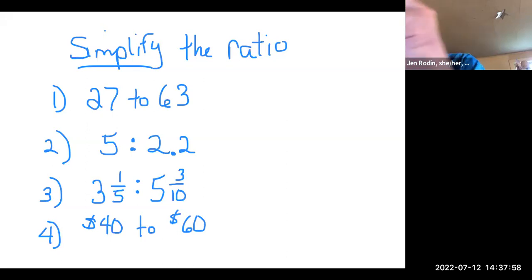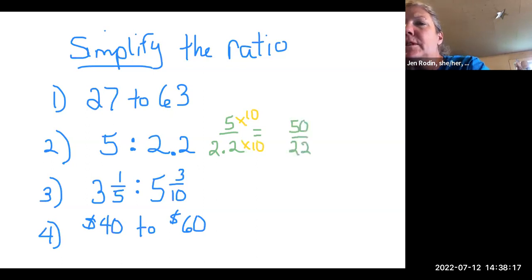We first write it as a fraction with the first one always on top. And then like before, we can't have a decimal in a fraction, so we're going to multiply by 10 to both, so the decimal is gone. Well, the decimal had moved over to here, but it's not showing.